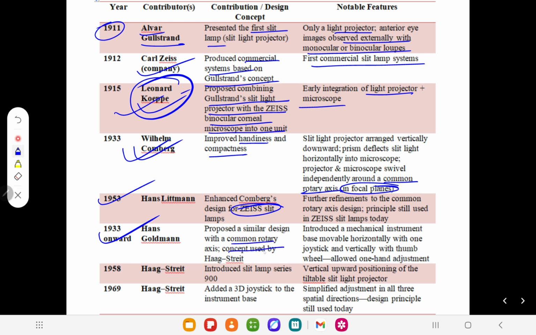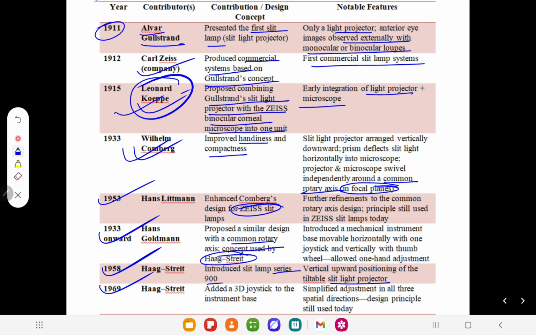The concept was used later by Haag-Streit, a very famous name in slit lamps, and Zeiss is also a famous name. Between 1958 and 1969, Carl Zeiss introduced the 900 series slit lamp, with vertical upward positioning of the tiltable slit light projection. You will know it when you see an actual Haag-Streit slit lamp, but right now that's completely okay.